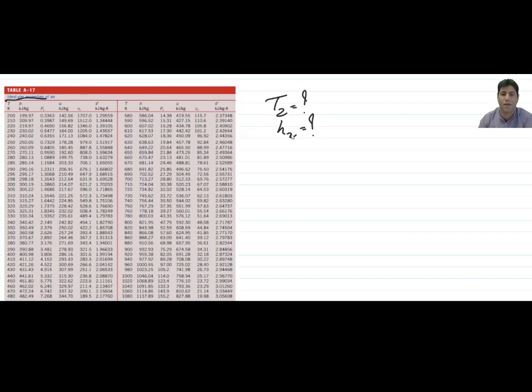What we have here is one thermodynamic property, which is VR, or relative specific volume. VR which we have is 38.825, and this is a dimensionless property.